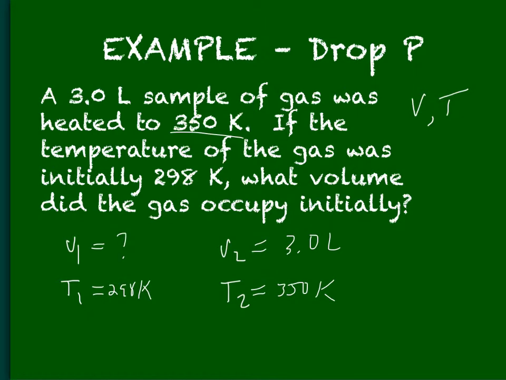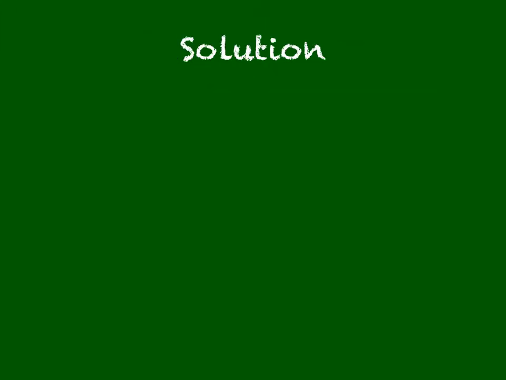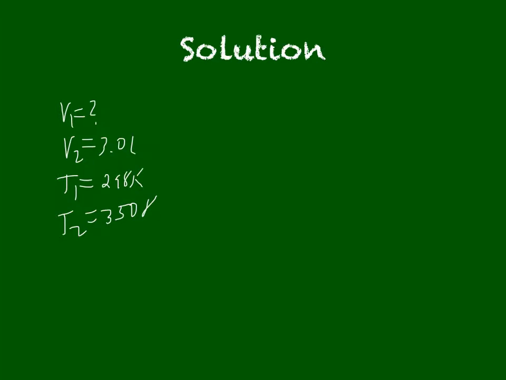So V1 is equal to a question mark. V2 is the 3.0 liters. T1 was 298 Kelvin, and T2 was equal to 350 Kelvin. Remember, pressure wasn't mentioned, so I don't have to worry about it.